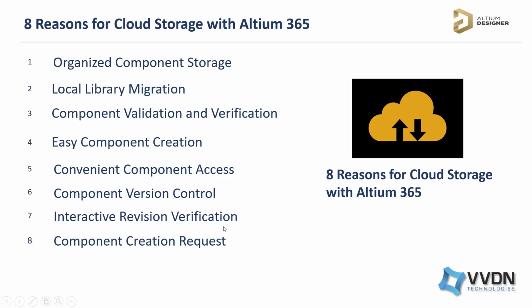Then interactive revision verification with active BOM we can do, like we have a revision state. These revision states can indicate whether a component is out of date or not, to keep component availability. The revision states under component properties we can check in the active BOM document, and we can quickly update from the properties panel.